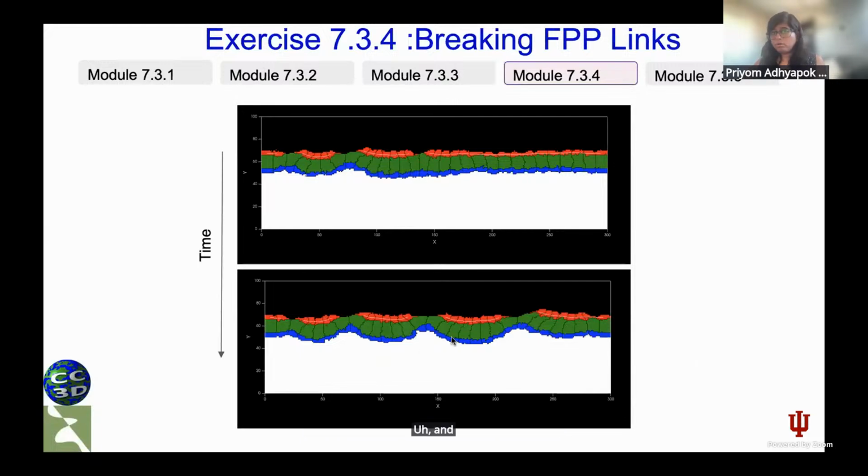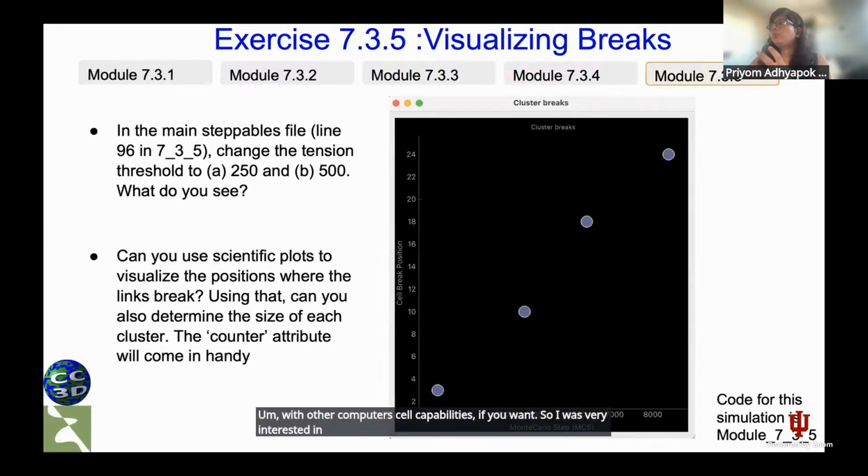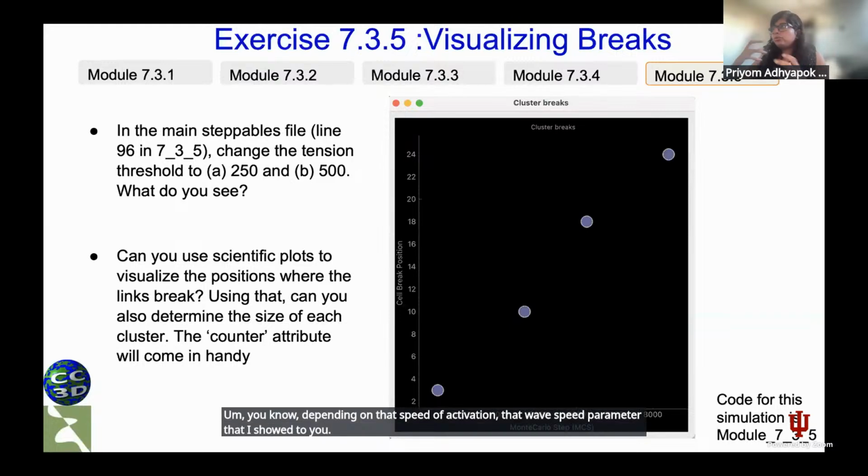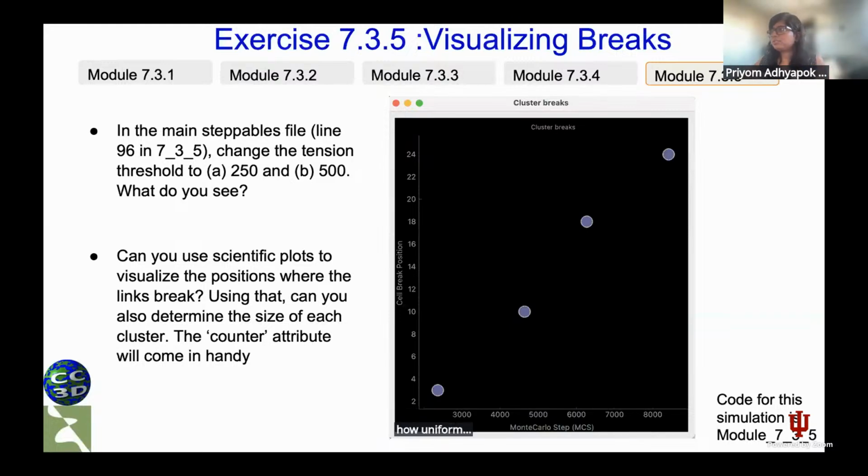And so now you could combine these tasks with other CompuCell capabilities if you want. I was very interested in understanding how, depending on that speed of activation, that wave speed parameter that I showed you, how uniform do these clusters get? What are the parameters that will change it? Basically, how fast does lambda have to increase versus that wave speed passing through this tissue?